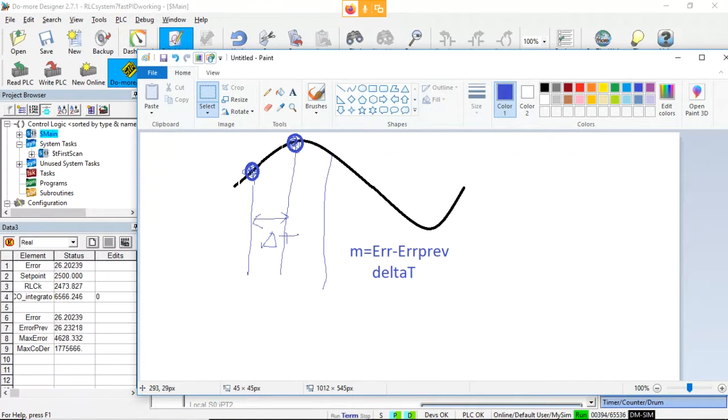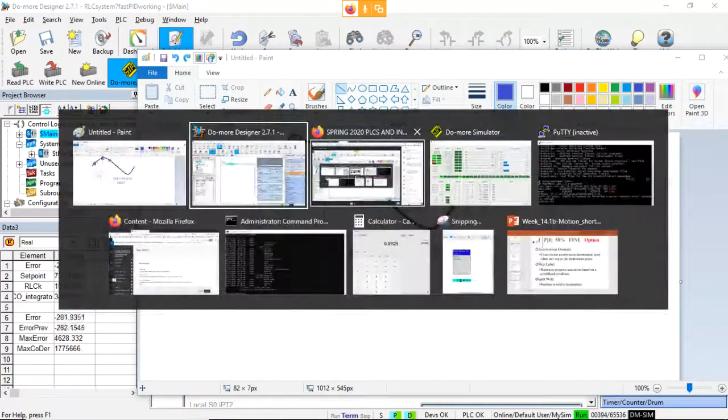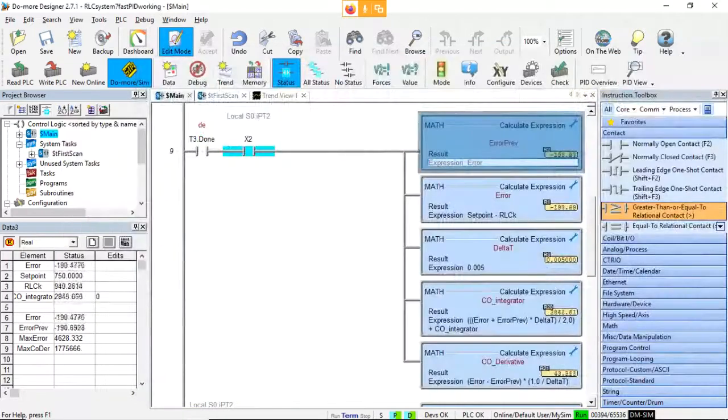Then I'm going to calculate my new error. But I can't calculate the new error until I've already moved the previous error into error previous. So it's critical that you do it in order. Otherwise, you're not going to get that trapezoid because you're just going to have a rectangular piece, which you could kind of do it that way, but it won't be as accurate.